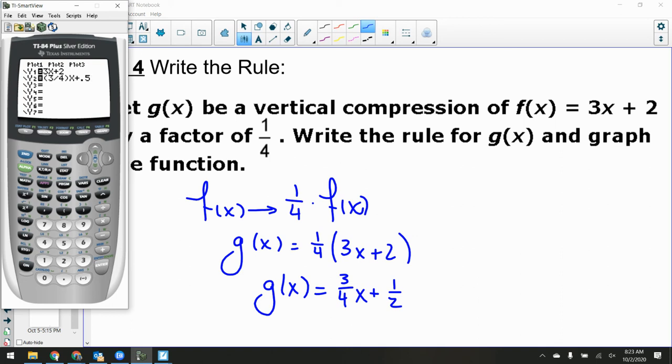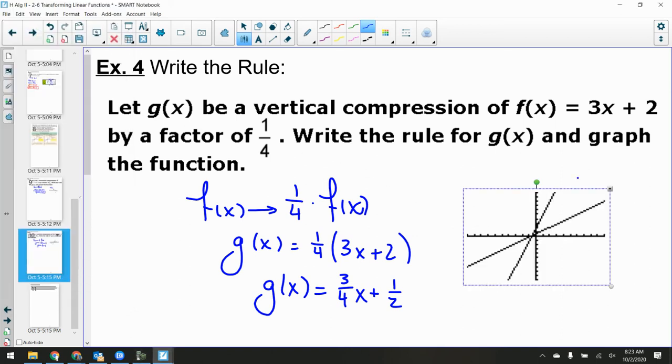I should see a vertical compression. I'm going to graph my old, and then it's going to vertically compress. So here's my old. There it goes. Pushing in toward the x-axis, right? Yeah, I can confirm that here was F, and here was G, vertical compression.